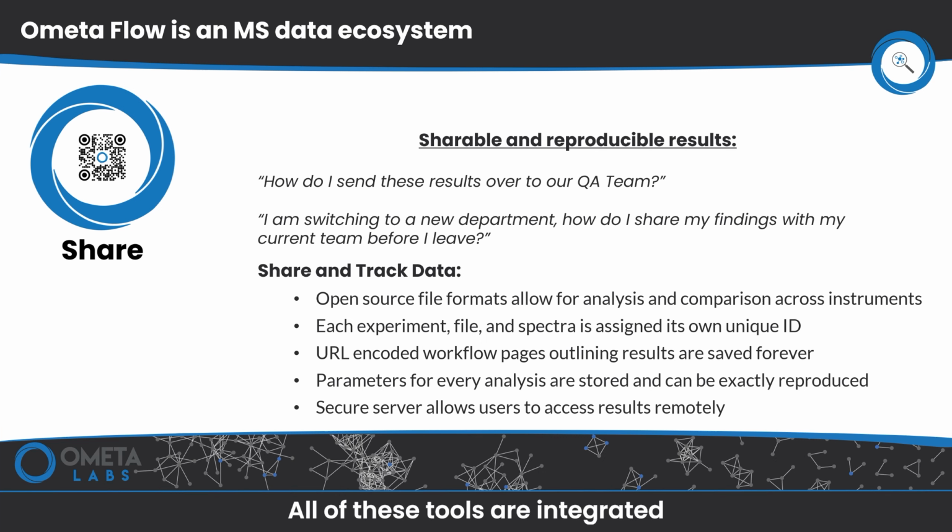All of these tools are integrated into our robust data ecosystem that is committed to making all data and analyses findable, accessible, interoperable, and reusable. Ometa Flow uses open source file formats, which allows you to analyze and compare mass spectrometry data no matter what instrument it was collected on.